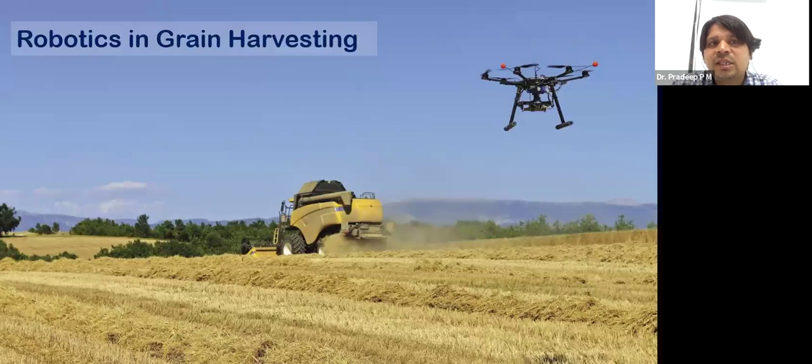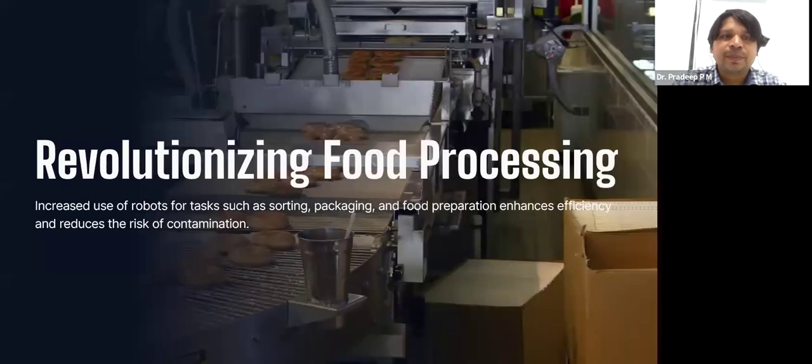And we have the assistance of robotics in grain harvesting. Instead of manual interference, robots can visualize and harvest by themselves. So there is no need for manual interference. This is the next future technology where there is scarcity of manpower, where we can utilize this robotics technology.